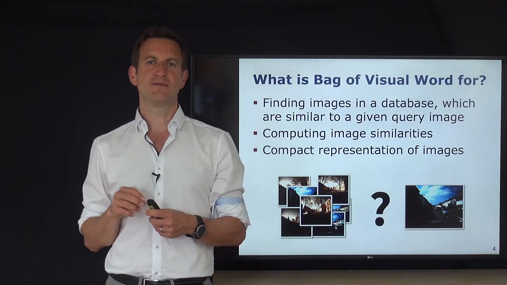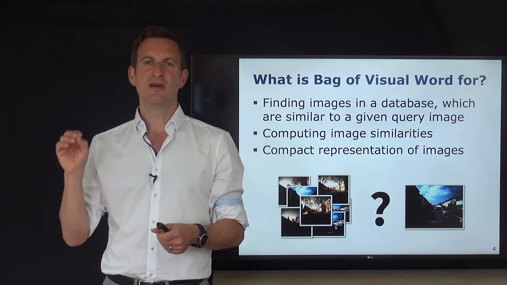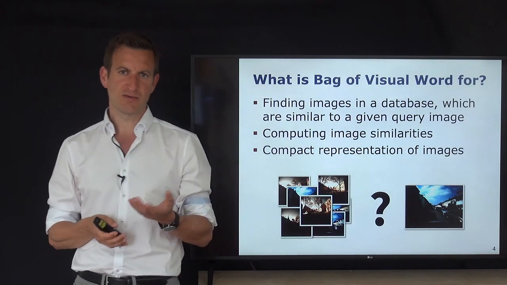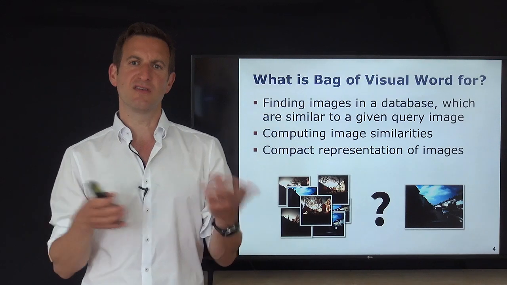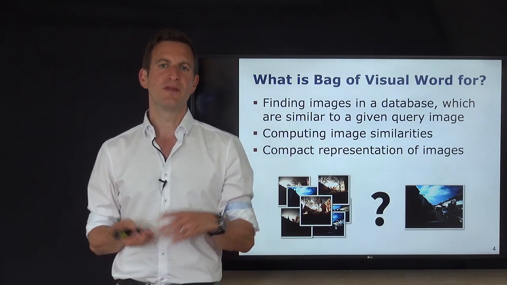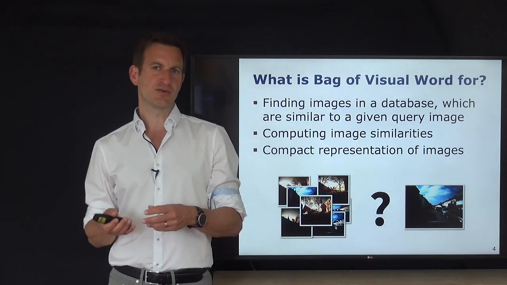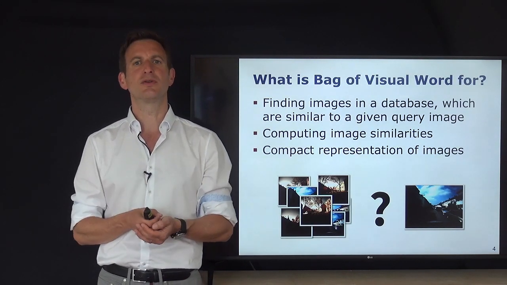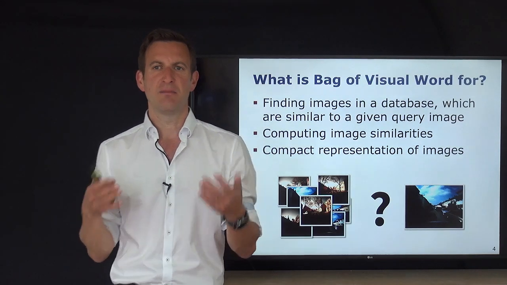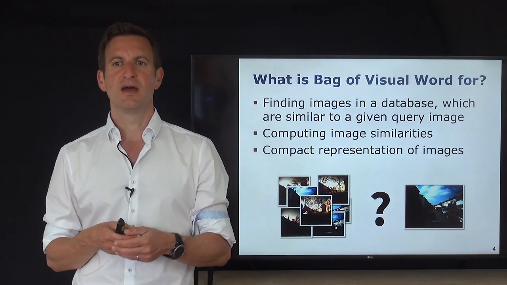And bag of visual words gives you a possibility so that you can put in this image as your search query and bring back or return images that look similar to the one you queried for. That's similar to what's, let's say, Google image search, for example, where you can drag and drop an image to the search window and it will return you similar images. And bag of words is one approach to do that.